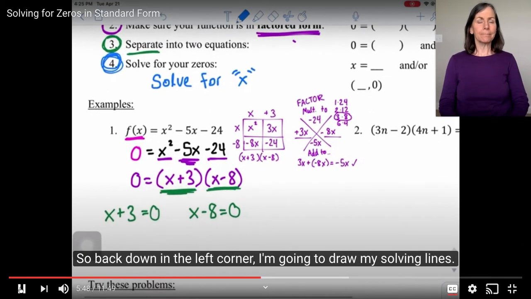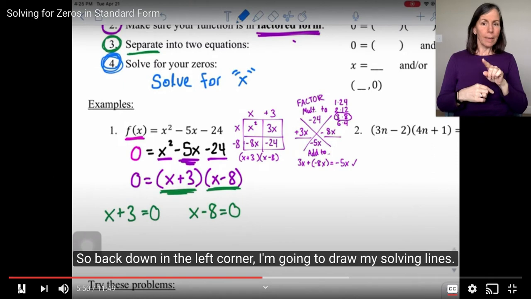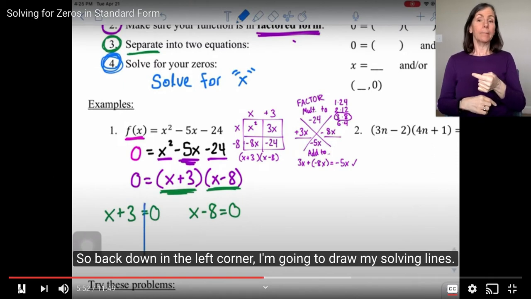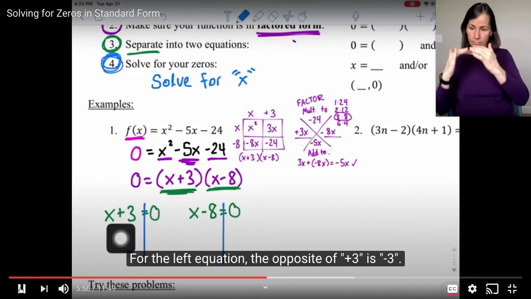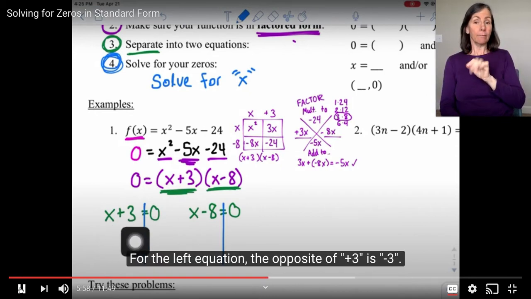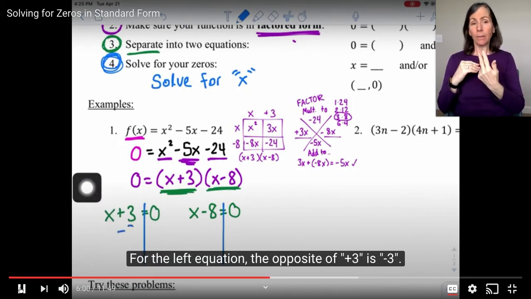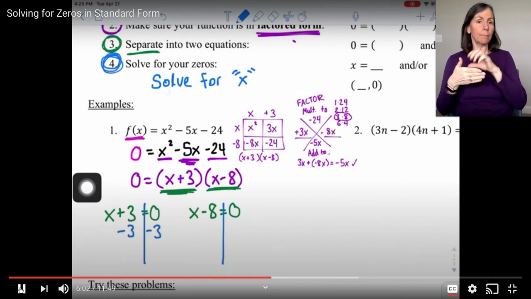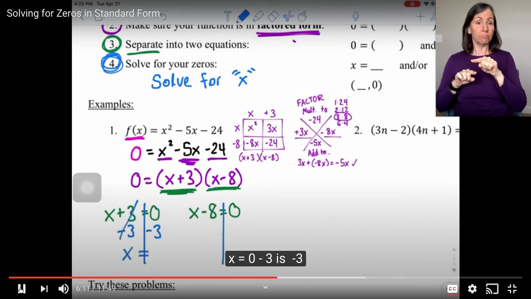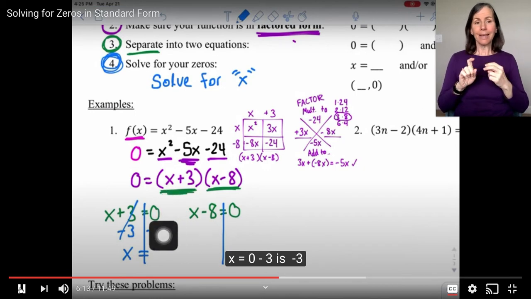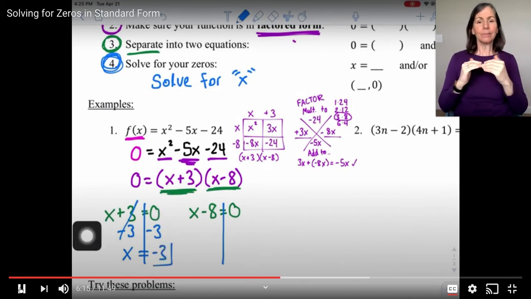So back down in the left corner, I'm going to draw my solving lines. For the left equation, the opposite of plus 3 is minus 3. Positive 3 minus 3 is 0, so we have x equals 0 minus 3 is negative 3.